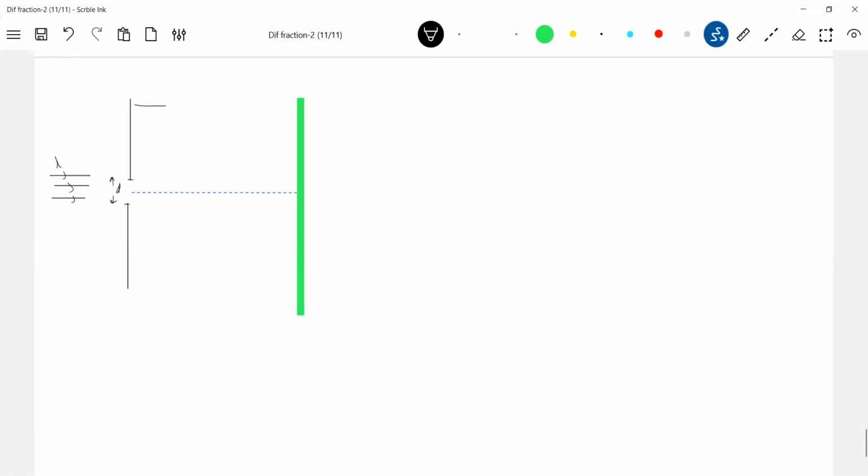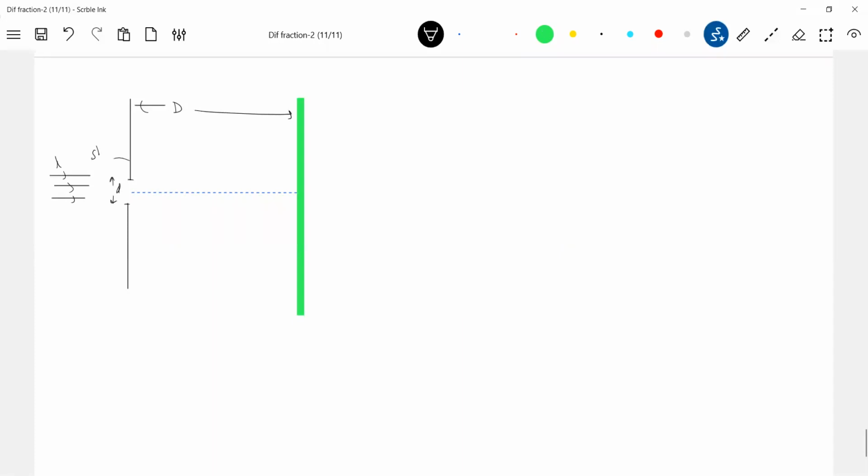So this is our screen. Okay, now the ray of light, I'll show the ray of light here. Width of slit is d, and this is capital D, the distance between the slit and screen.